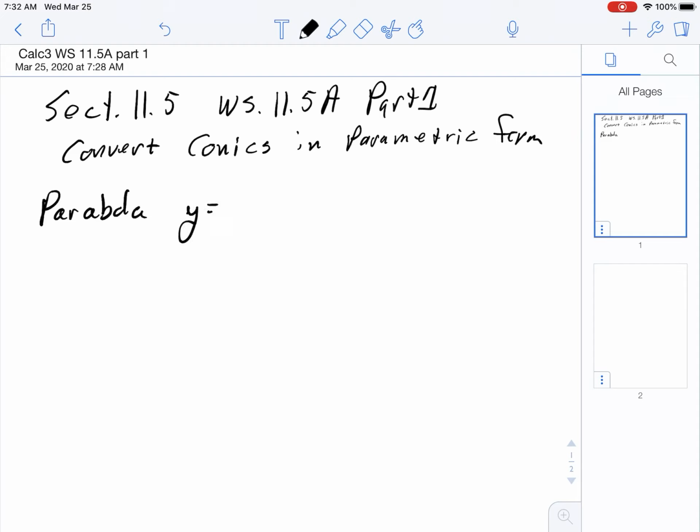Okay, in terms of y equals ax squared. So looking at the graph of this, you have a parabola, but with the parabola you have two things here.